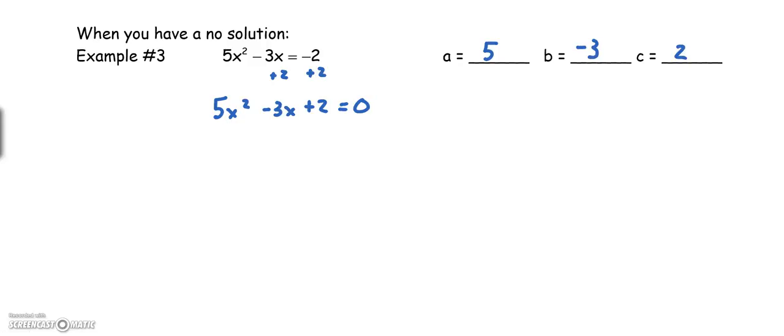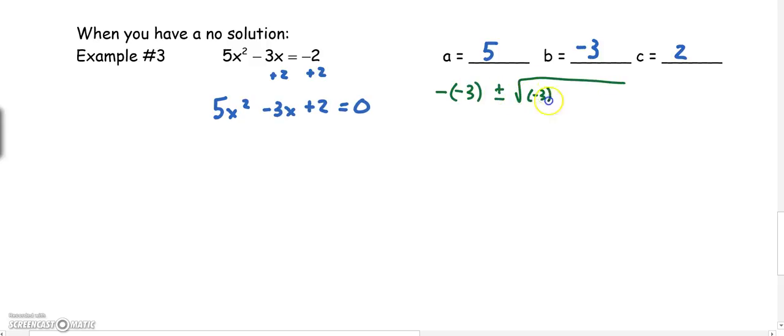So I'm going to write out my quadratic formula. Negative negative 3 plus or minus the square root of b squared, so that's negative 3 squared, minus 4 times a times c, all over 2 times a.